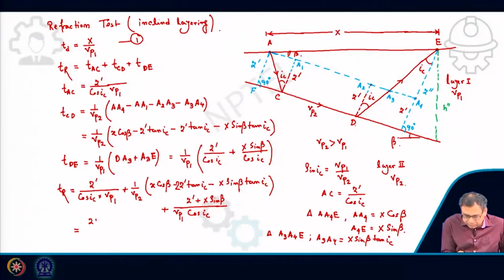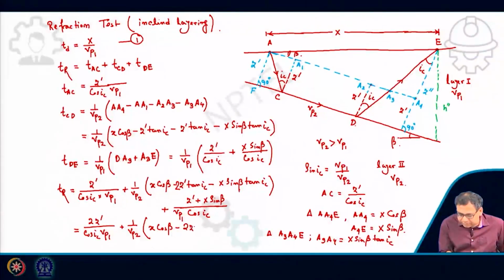So, I can write 2 Z dash cos IC by VP1, plus 1 by VP2 times x cos beta minus 2 Z dash tan IC, then minus x sin beta tan IC, then plus x sin beta divided by VP1 cos IC.